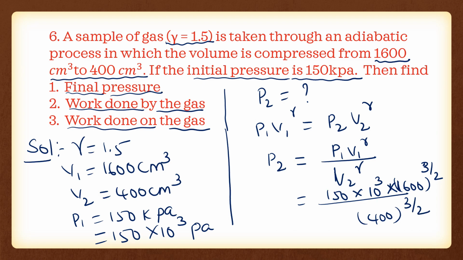That is equal to 150 into 10 cube into, with total cancellation of the zeros, 4 ones are 4, 16 by 4 gives 4, so 4 to the power of 3 by 2.